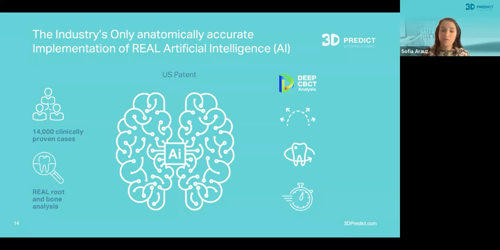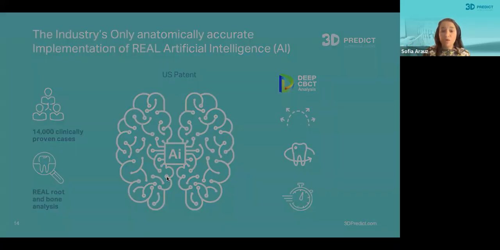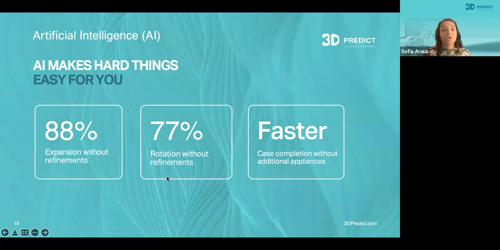For example, how much amount of distalization with how much amount of rotation we can combine to actually make that treatment faster. Not because we're making the movement faster, but because we don't have to finish one movement and then start another. We're actually combining those movements. So even if you don't have a CBCT, you're going to see the benefit because our software, our data set, has fed the machine.